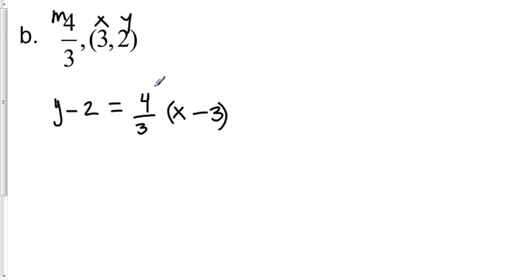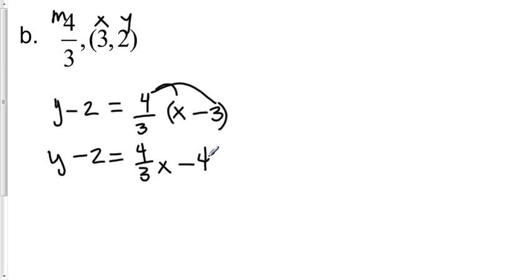Okay? After you have it set up, distribute where you see the parentheses, so y minus 2 equals 4/3 x minus 4. 4/3 times 3 is 4. And now finally solve for y. So I'm going to add 2 on both sides.